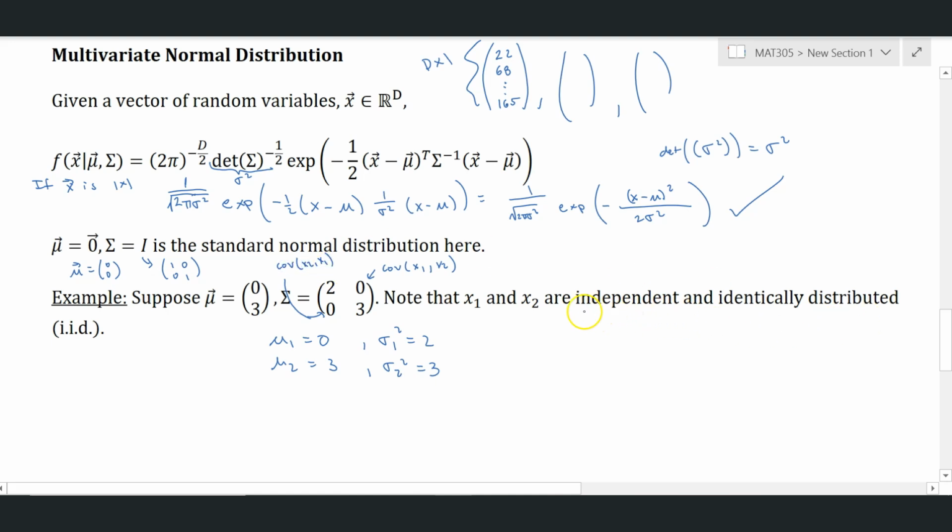That would be the covariance between x2 and x1. And so that would mean that we have independent random variables, because if you recall, if there's no covariance between the two variables, if they don't covary, then they're independent. And they're identically distributed, meaning they are both normal.